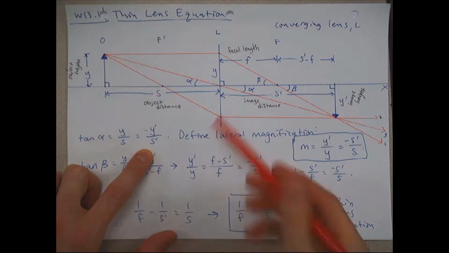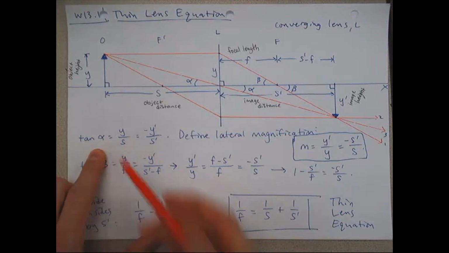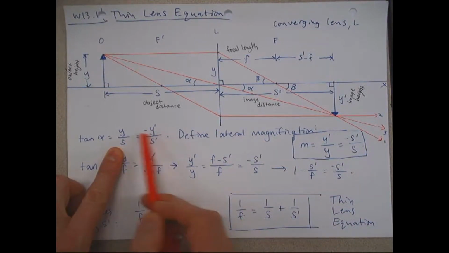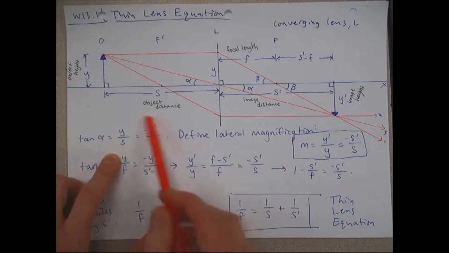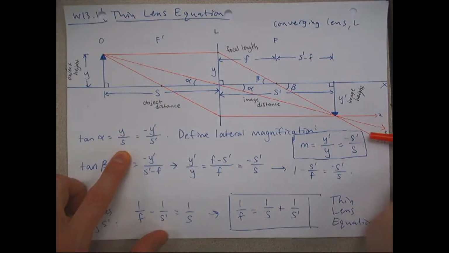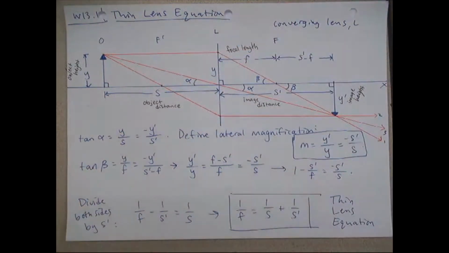And we want to end up with the same positive angle or positive tangent. So that definition, y prime divided by y, you just rearrange this or cross multiply if you want, works out to be negative s prime image distance divided by object distance s.